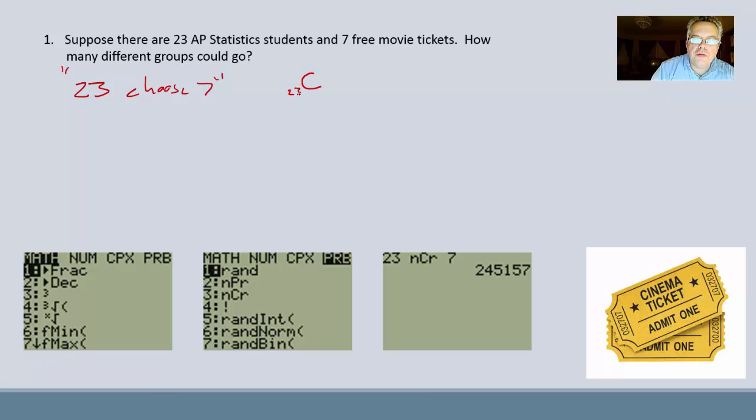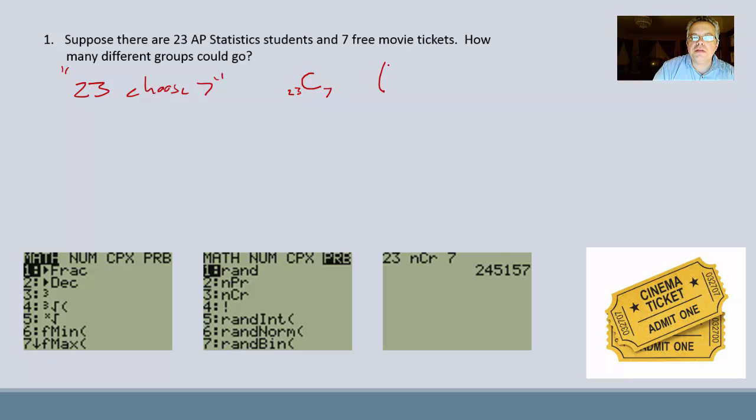We put the 23, the total number of people or things we have, on the left, and the number of things we're choosing on the right. 23 choose 7. That's assuming that order doesn't matter. It doesn't matter if Bob is picked before Freddie. All that matters are just the 7 different groups of people we find. Like I said, it looks like a formula for carbon or something, but it's 23 choose 7.